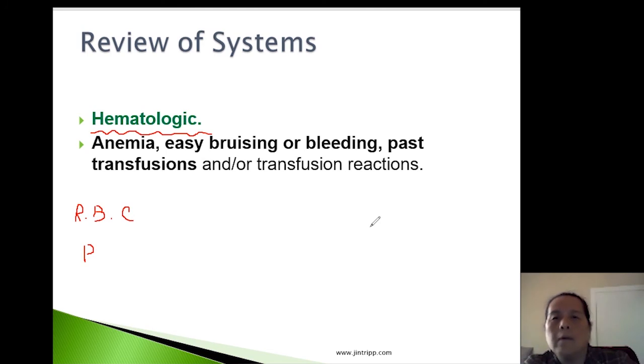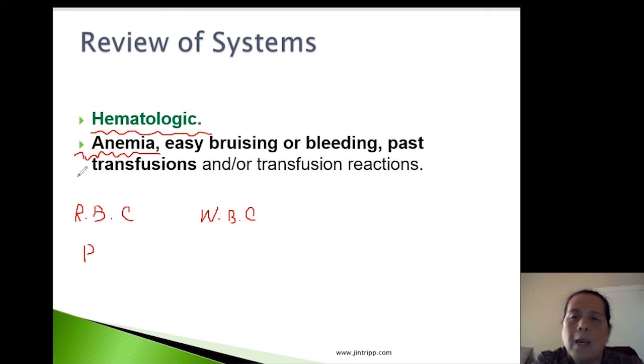White blood cells sometimes still have disorders. So that's three blood cell types. When the red blood cell amount decreases, that's what we call anemia. Last semester we talked about a lot of different kinds of anemia. And people who bruise easily or bleed easily may have a platelet disorder.